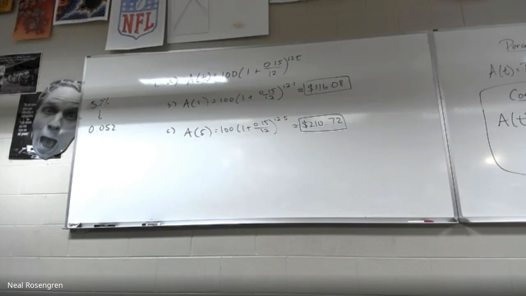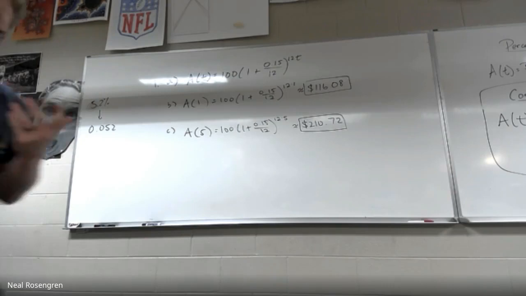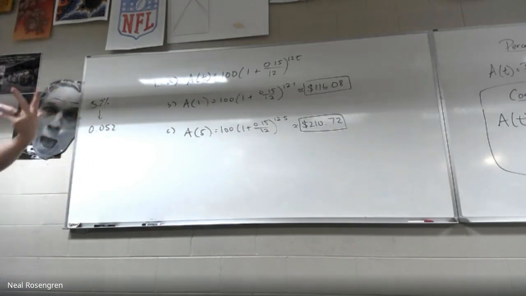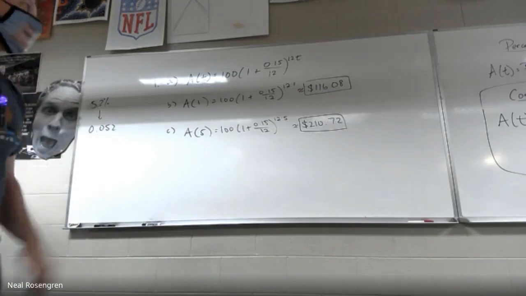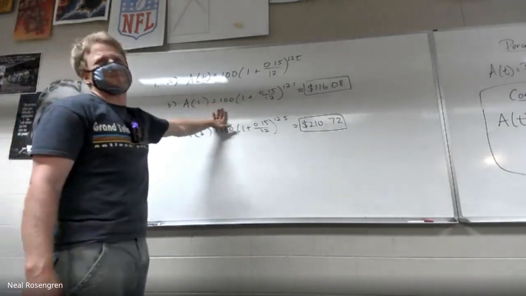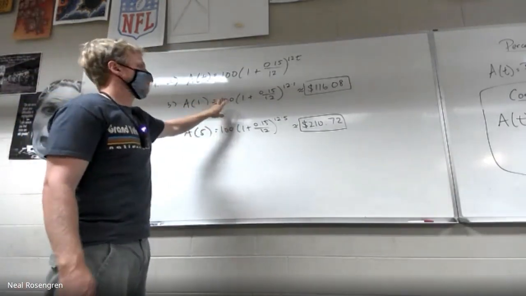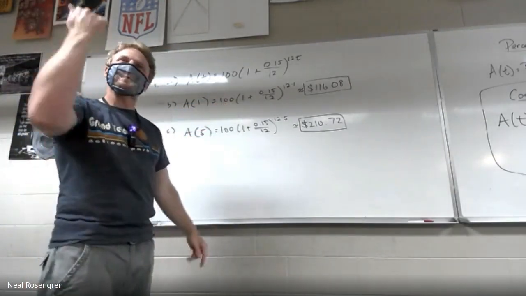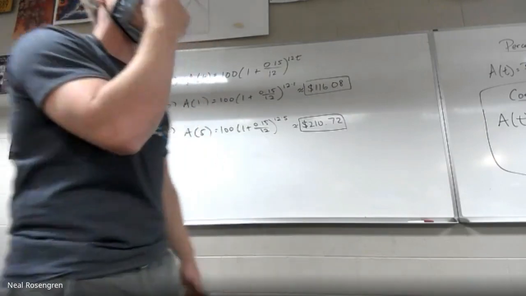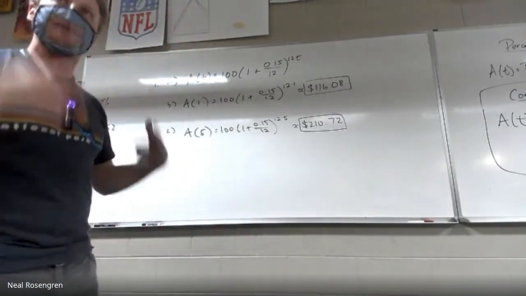And 15% is a pretty big interest rate, but we're only starting with $100. So it kind of caps itself off. We think it's just going to keep getting bigger and bigger and faster and faster.